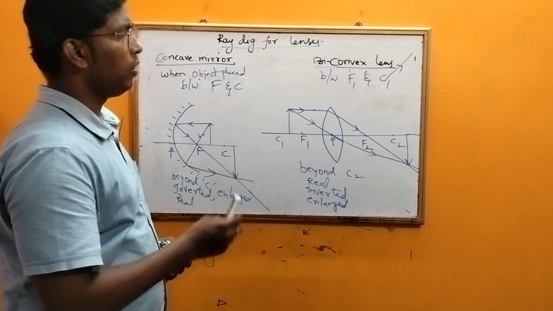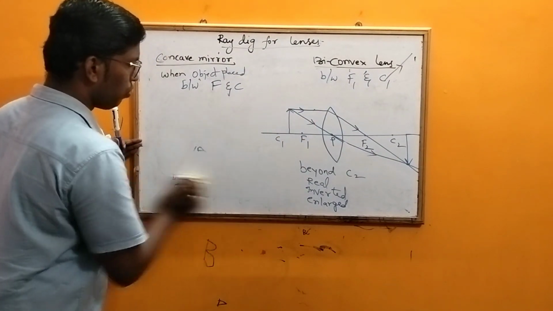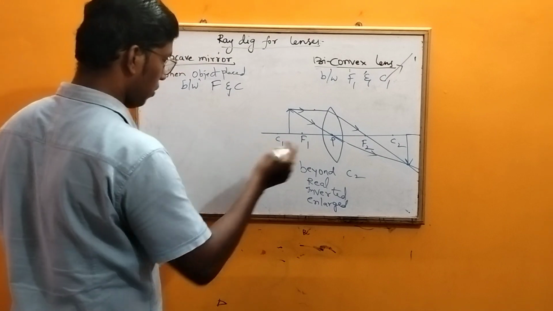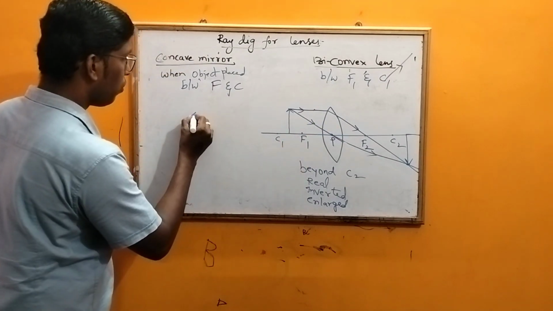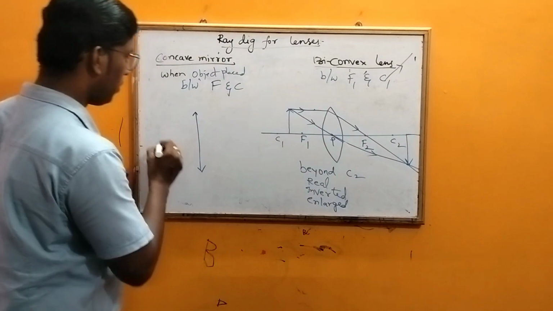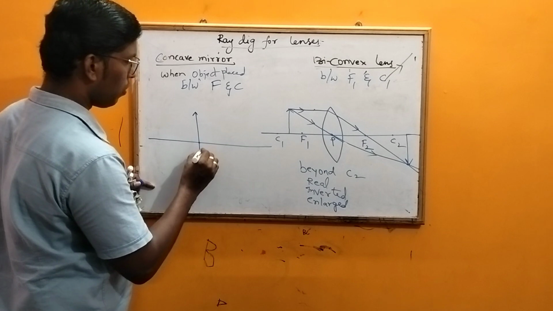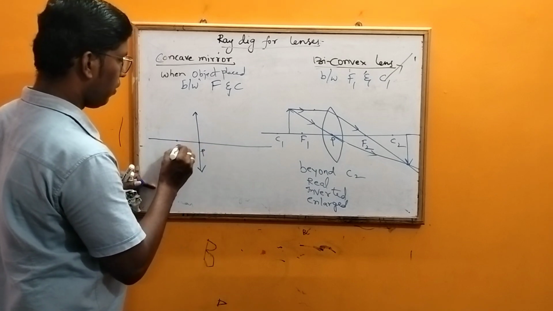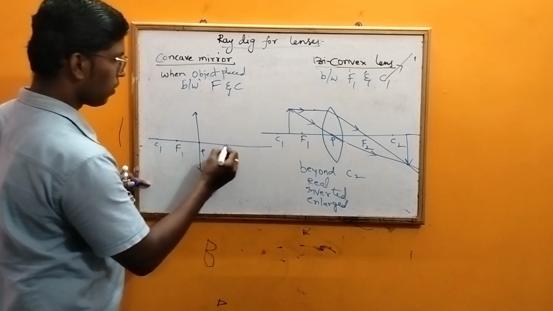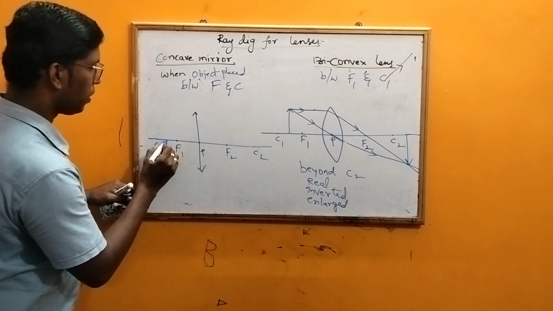This is another way. You need not use only this symbol, this structure. Even if you use this structure, you will get the same. I'll just draw; you can draw in this way. No problem. So F1, C1, F2, C2. Where is the object placed?